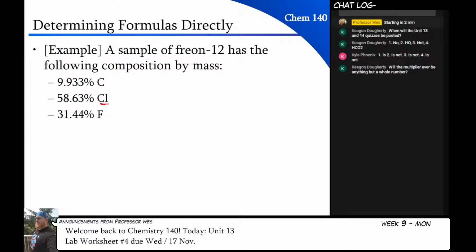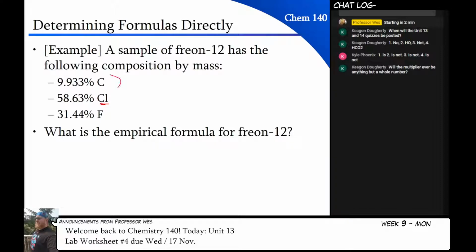I have this information handy, and I want to figure out the empirical formula. If I give you a percent mass composition, I would know that 9.933% of that sample is carbon. So if I gave you 20 grams, it'd be 20 times 9.933% for the mass of carbon in that sample.